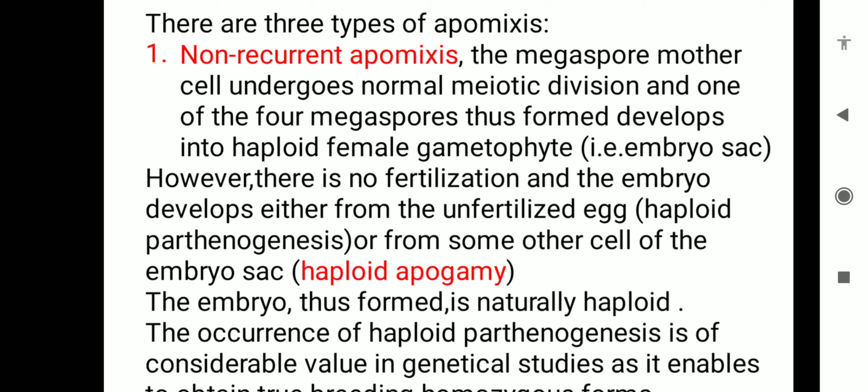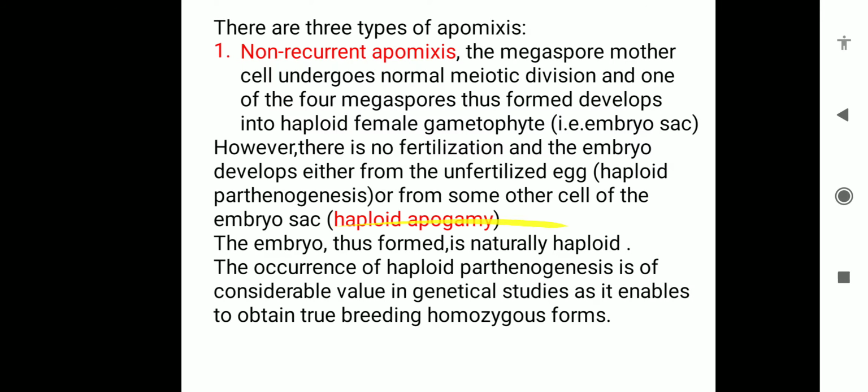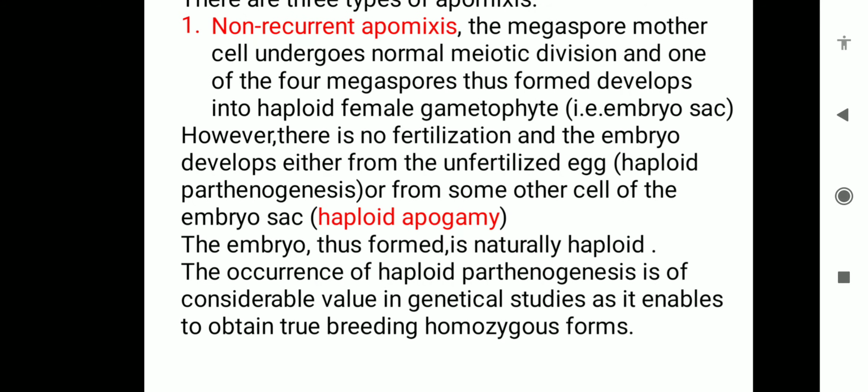The occurrence of haploid parthenogenesis is of considerable value in genetical studies as it enables to obtain true breeding homozygous forms. आपके लिए सबसे इंपॉर्टेंट बेटा नॉन रिकरेंट में क्या दिया है, नॉन रिकरेंट फिर से समझिए. द मेगास्पोर मदर सेल व्हेन इट अंडरगोज द नॉर्मल टाइप ऑफ द मियोटिक डिवीजन, इट विल फॉर्म द 4 number of the megaspores, haploid, also called develops into the female gametophyte, okay.